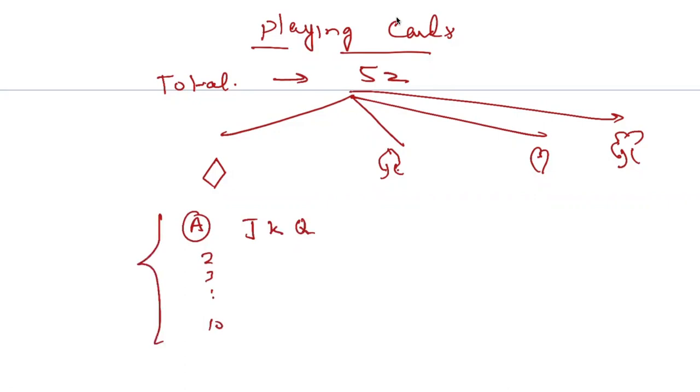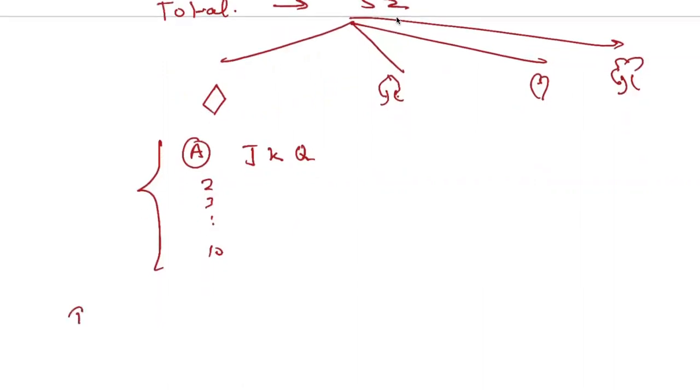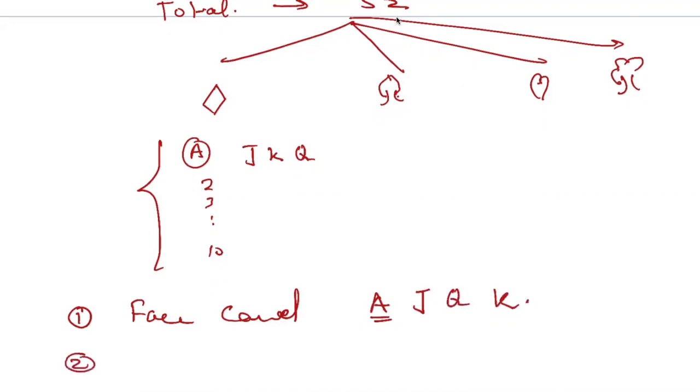A few terminologies are there. The first terminology for playing cards is face card. Face card means ace, jack, queen, and king, right? Second is numeric card.